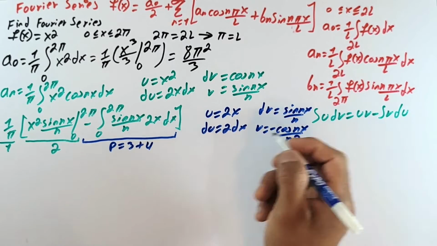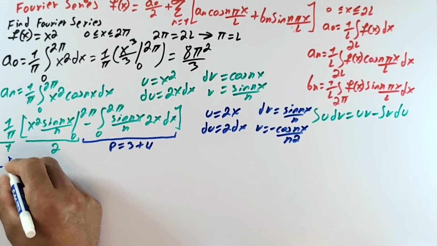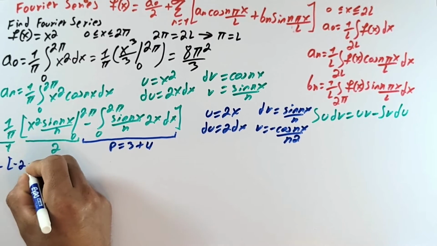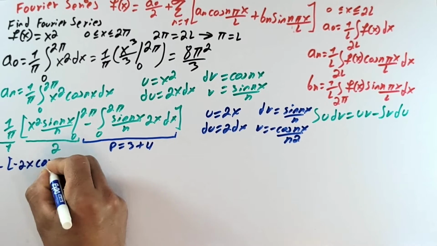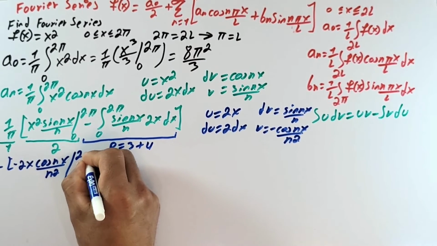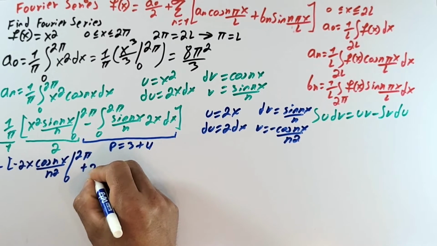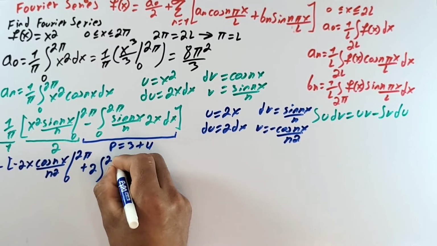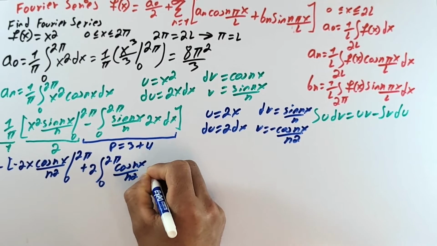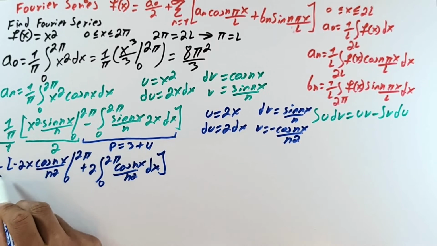So we apply the formula, and we have minus 2, negative because you have this negative here, 2x cos nx over n squared, 0 to 2 pi, plus 2 integral from 0 to 2 pi cos nx over n squared dx. All this multiplied by this negative.